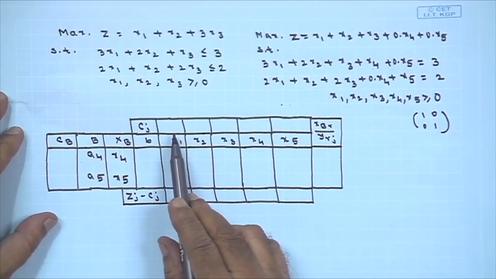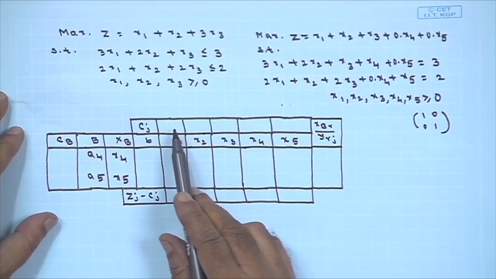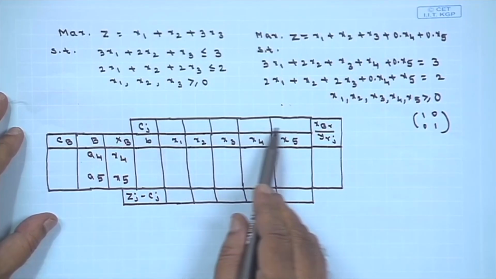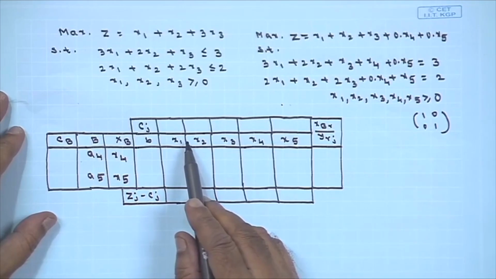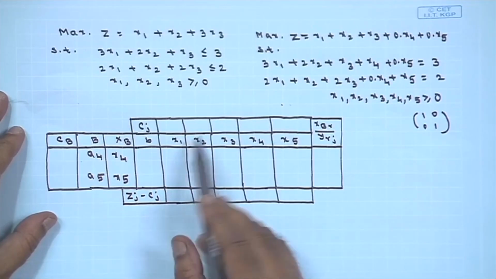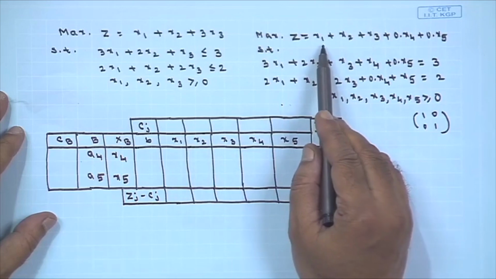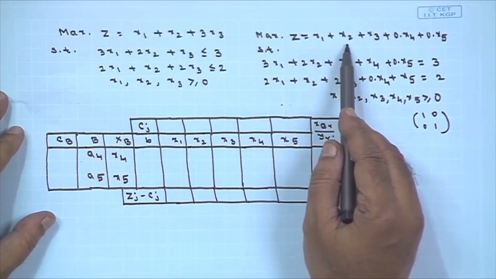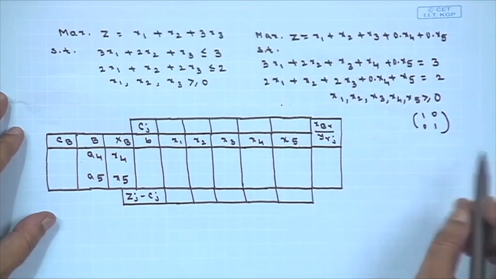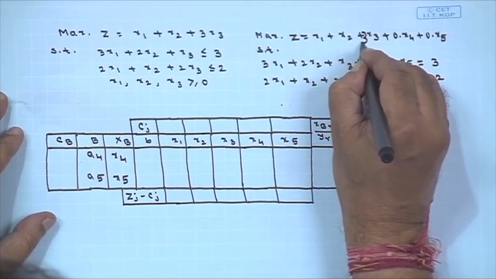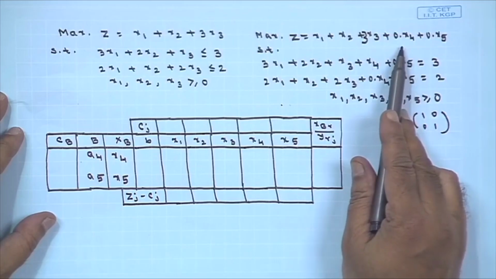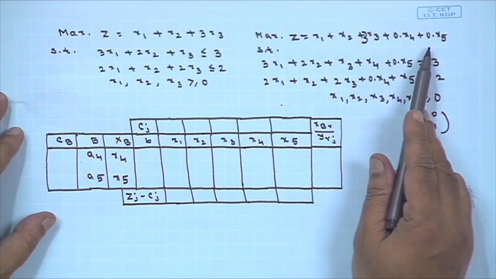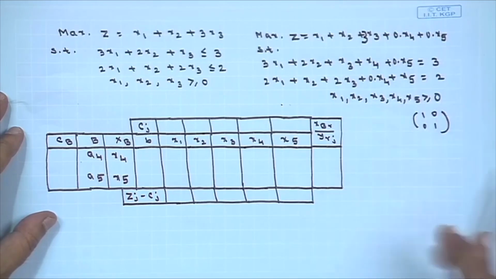As I mentioned earlier, Cj is nothing but the coefficients of the variables given in the objective function. Here the coefficient of x1 is 1, x2 is 1 and x3 is 3. The coefficients of x4 and x5 are 0, because they are slack variables.